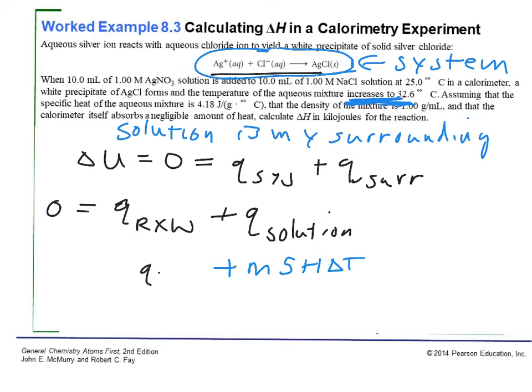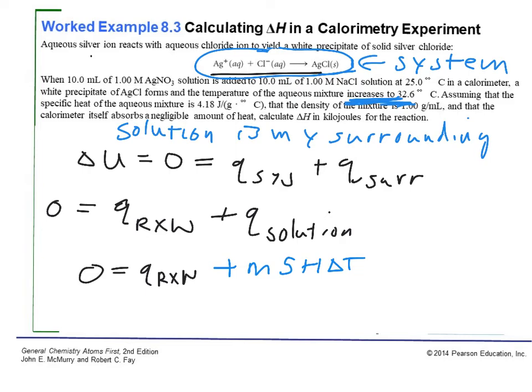Do we have everything we need in order to solve that specific heat formula? Do we have a mass of our solution? And that's where things get really complicated in problems like this, and where reading everything becomes super important.